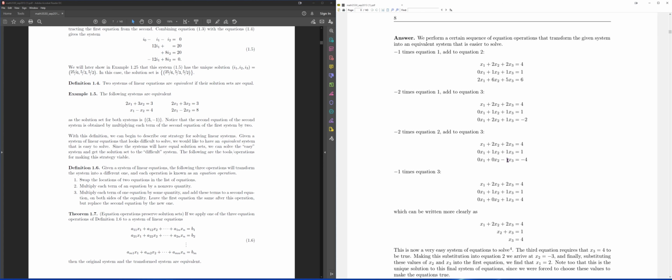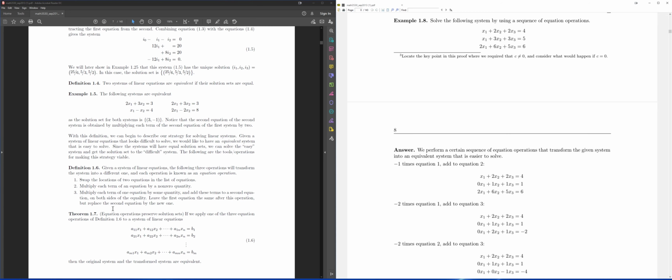And for this one, what I did is I multiplied throughout by a non-zero scalar, which is -1. So I didn't swap anything or add a multiple; I used something of type 2, right?